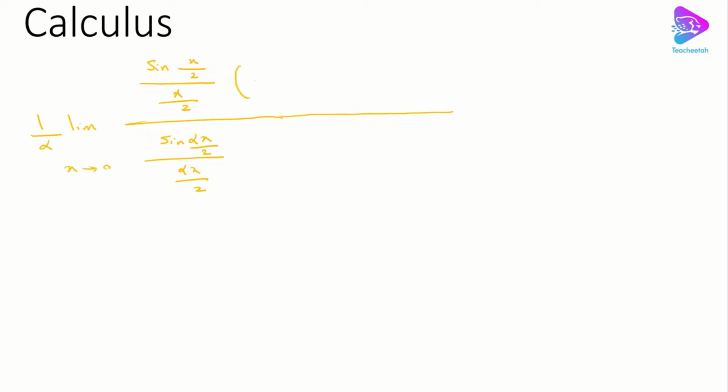Inside the parentheses we have cos of x over 2 plus sine x over 2 on the top, and cos of alpha x over 2 plus sine of alpha x over 2 on the bottom, when x is approaching 0.